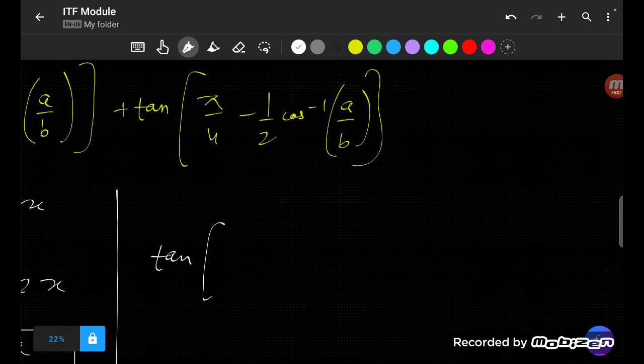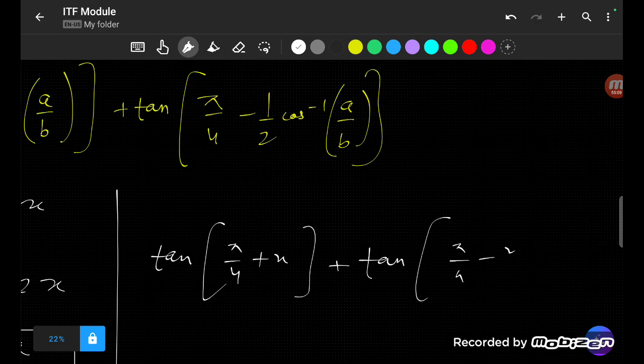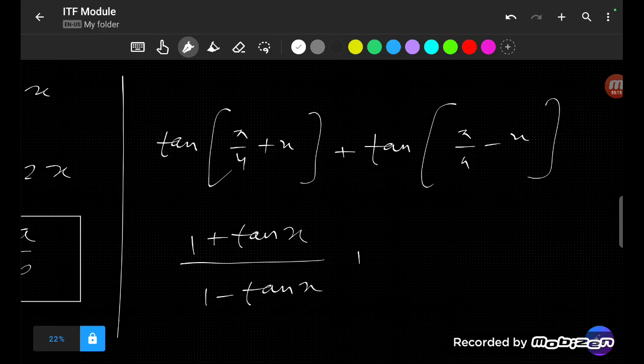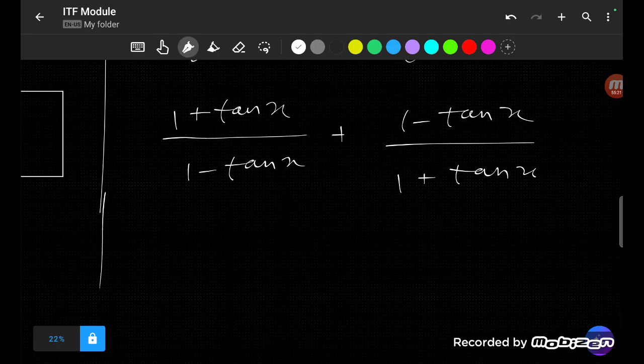So this is tan. So you have 1 plus tan x. One minus tan square x.